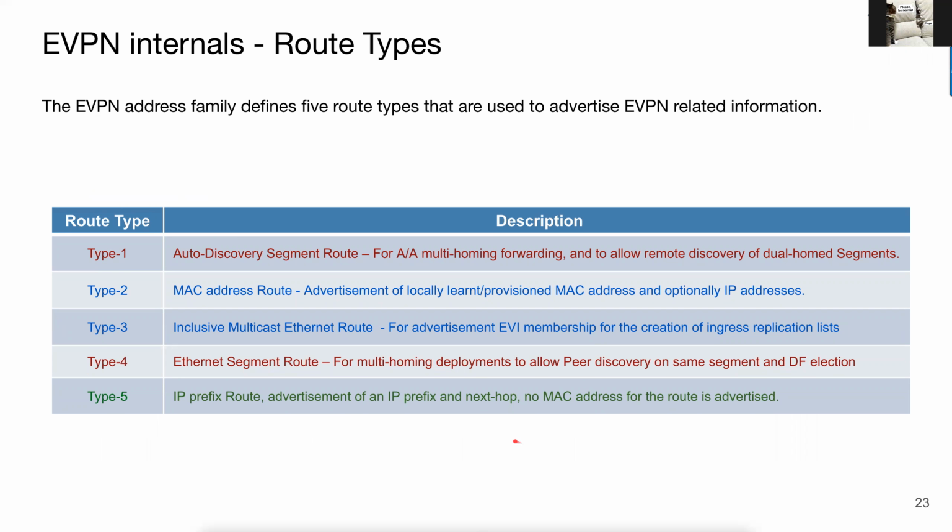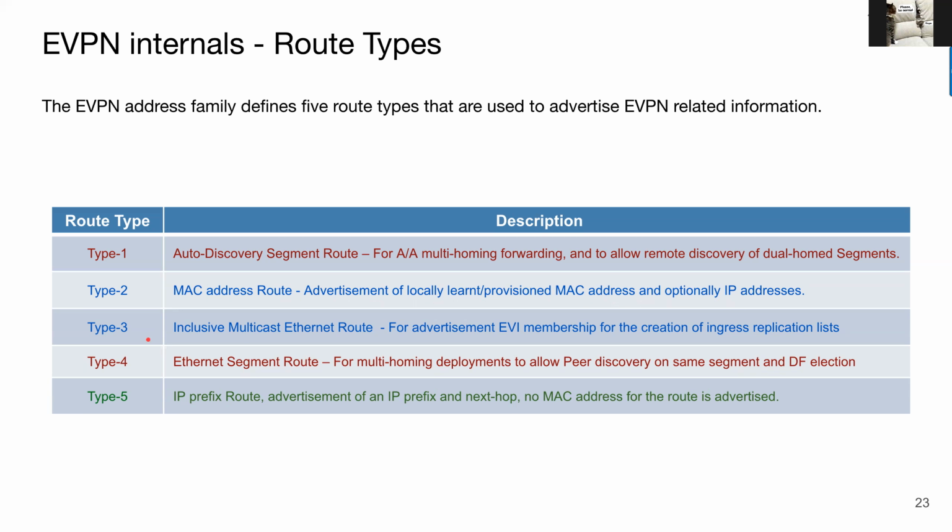But the main ones we care about, especially for the beginning of the class, are the type 2 MAC address route. Remember that there are 2 types of these, one with the MAC and one with MAC plus IP.